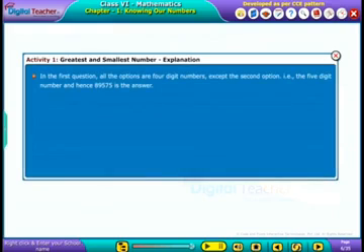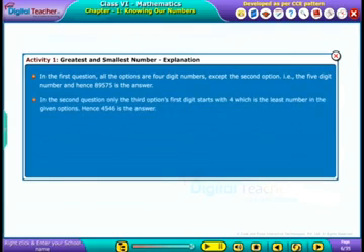In the first question, all the options are 4-digit numbers, except the second option, that is the 5-digit number, and hence 89575 is the answer. In the second question, only the third option's first digit starts with 4, which is the least number in the given options. Hence, 4546 is the answer.